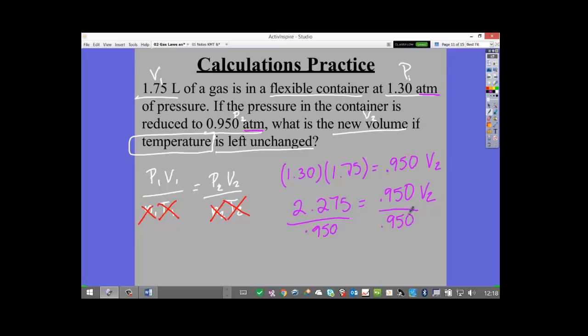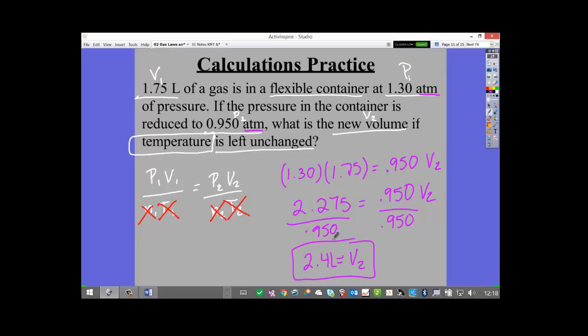I got 2.39, but I rounded up. So that's my new volume.